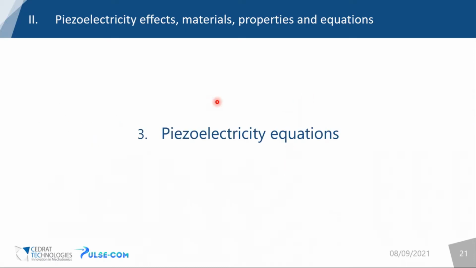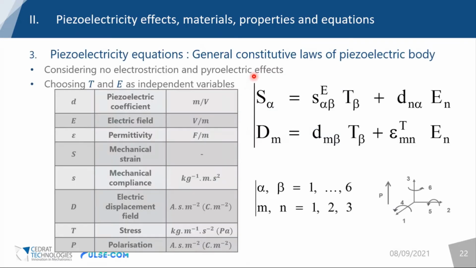Okay, so let's go deeper into the piezoelectricity equations. There are big equations, but we will simplify them afterwards. First, we have to relate the mechanical strain with the mechanical stresses and the electric field.